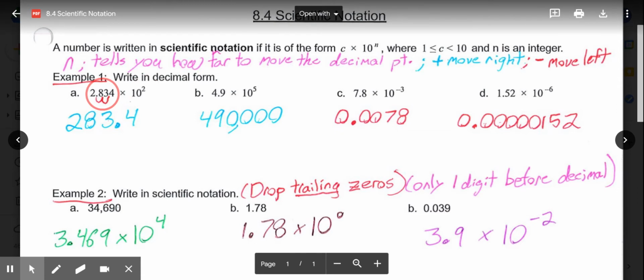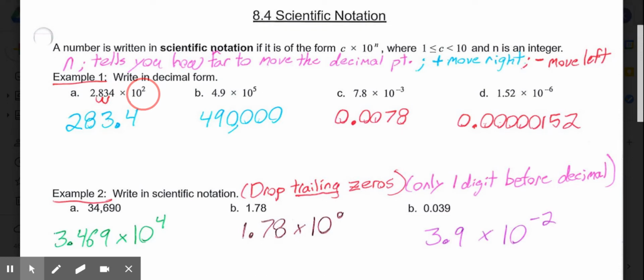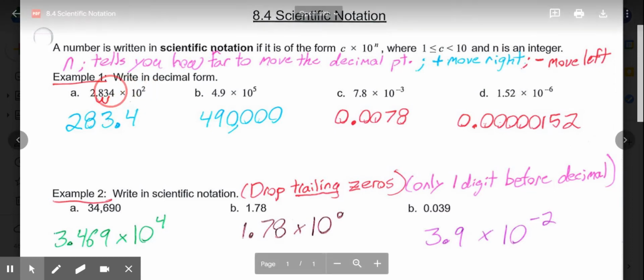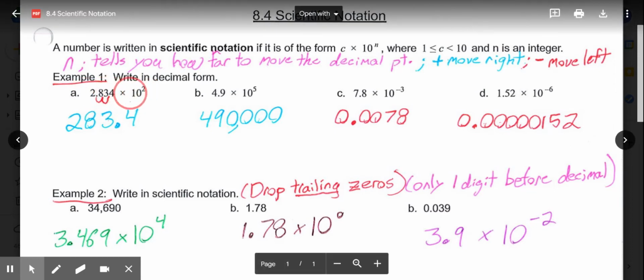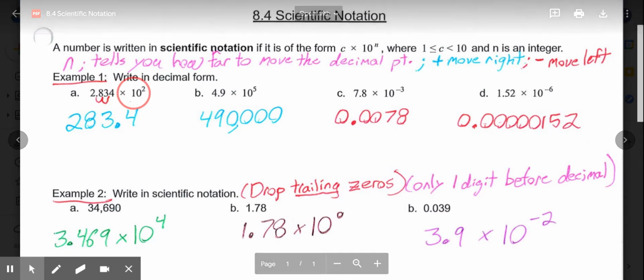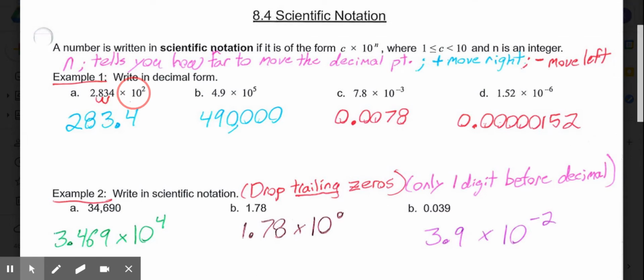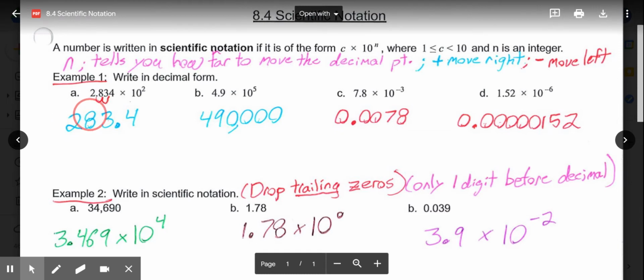So if I have 2.834 multiplied by 10 to the second, I'm going to move the current decimal place 2 spots to the right, because this is the same thing as 2.834 being multiplied by 100. So that will give me 283.4. We just take the decimal 2 spots to the right.